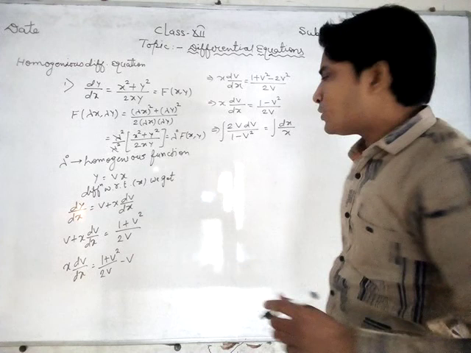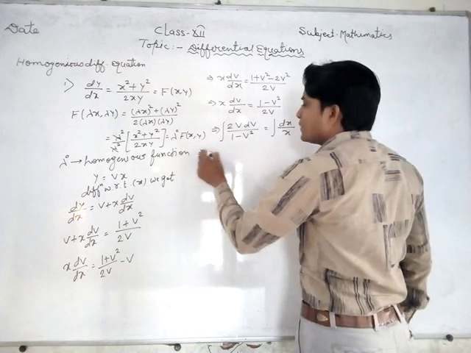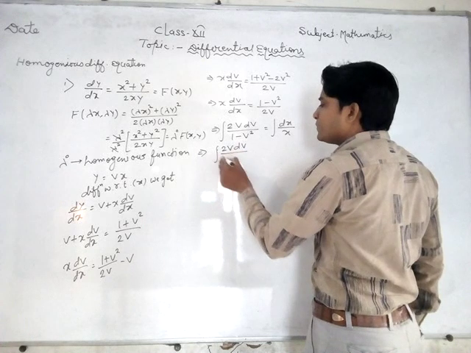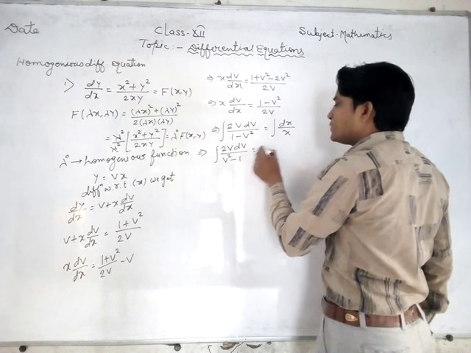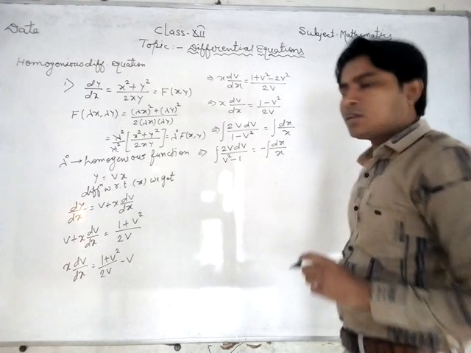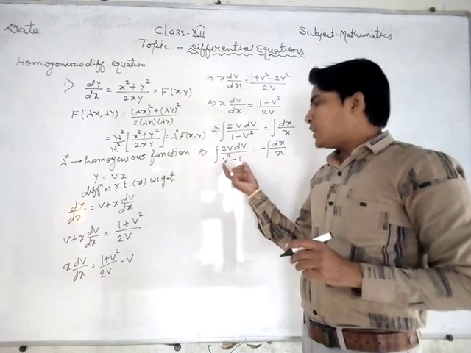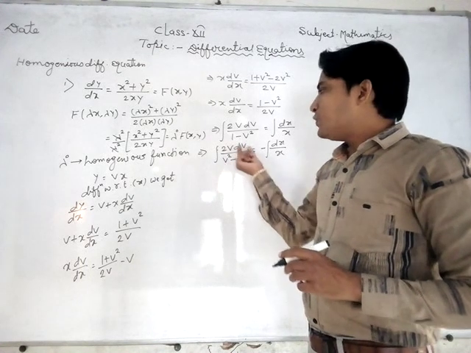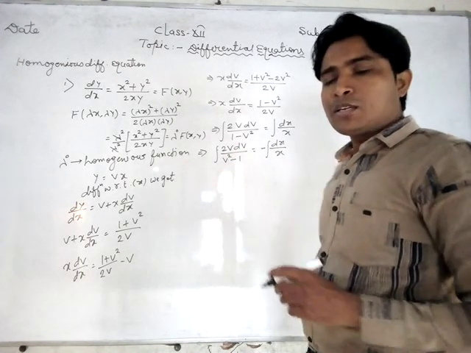Taking a negative common, there will be 2v dv upon v square minus 1 equal to minus dx by x. Now if we assume v square minus 1 as t, then 2v dv becomes dt.